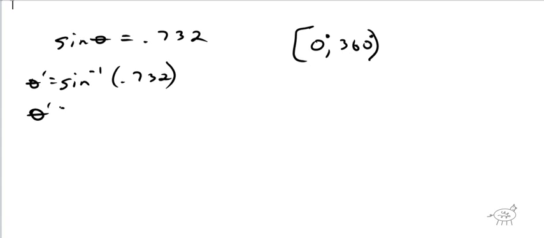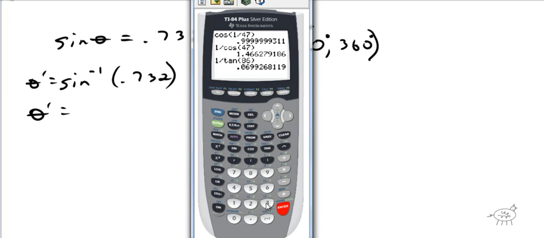Let's do that: inverse sine, so second sine of 0.732. I get, let's just round to the nearest degree, and that's fine because these are degrees now, 47 degrees.